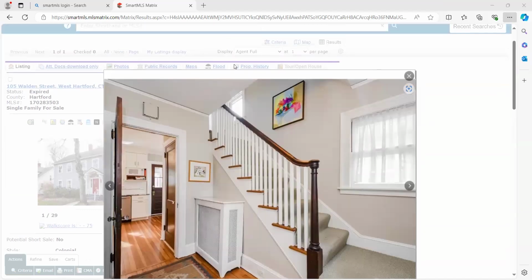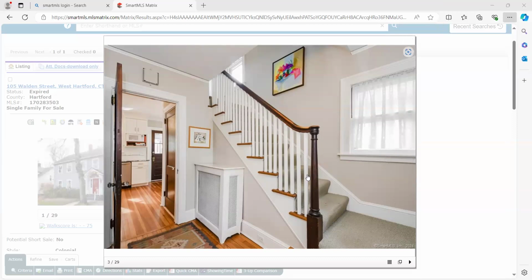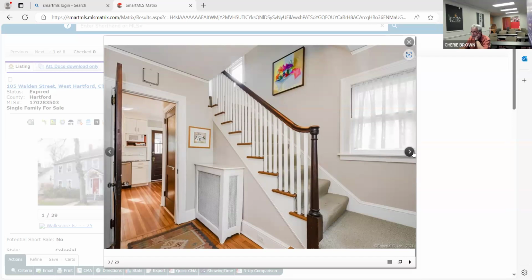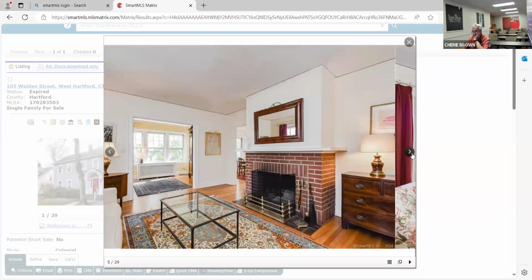All right, let's try to go back to this property and see if we can make hay with it. So we've got some pictures, and there's our first interior one. We see the living room. I just look for overall condition and upgrades or things that need work.